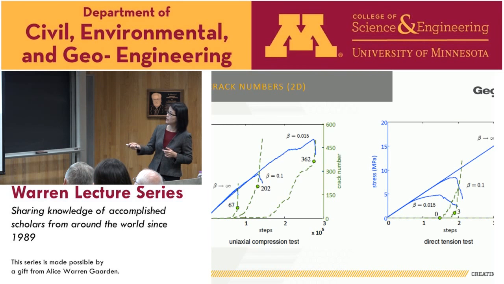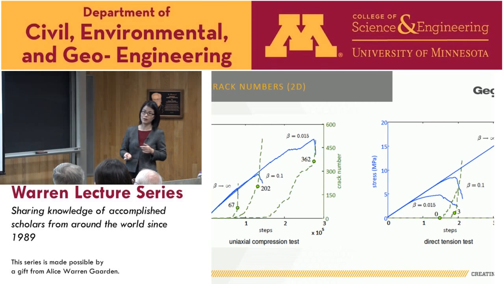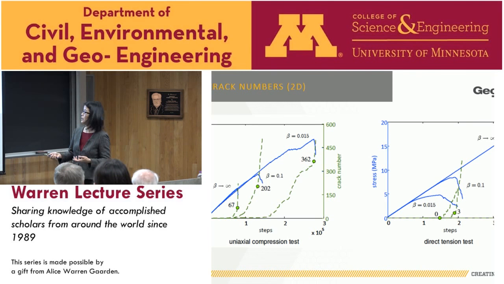Now, if you look at uniaxial compression at the peak, 67, 200 something, and over 300, that means there is progressive failure prior to the peak. So the bonds have been broken and energy dissipated significantly. Significant energy dissipation has taken place prior to the peak.